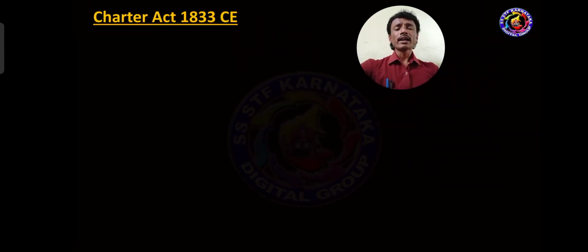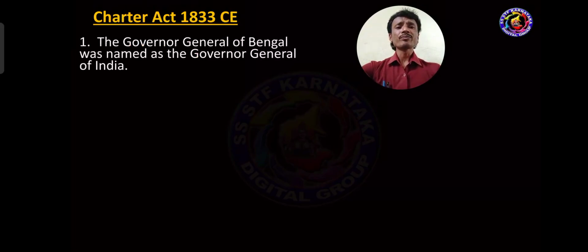Another very important act that we should consider is the Charter Act of 1833. What is the importance of the Charter Act of 1833? Here the Governor General of Bengal was named the Governor General of India. Before the implementation of this Charter Act, the Governor General was limited to Bengal.